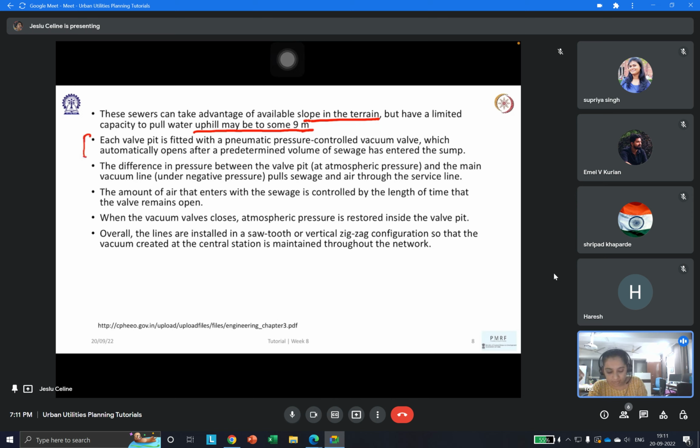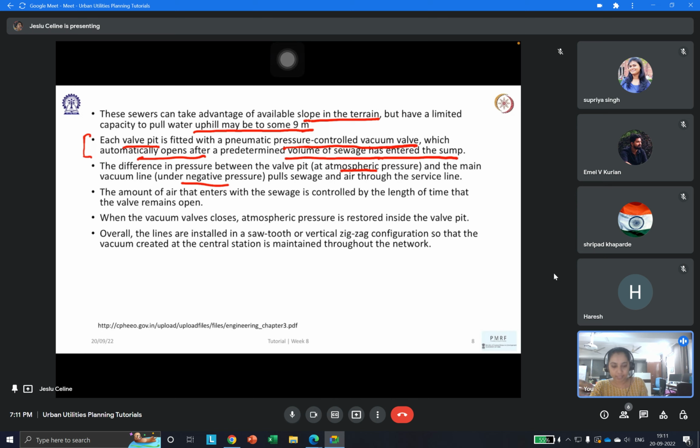So basically this is what I was explaining. Every valve pit is fitted with a pressure controlled vacuum valve, which automatically opens after a predetermined volume of sewage enters the sump. The sump is where you collect it, and then from there it goes. This is the difference in pressure: the pressure in the vacuum line or the main is much lower than the atmospheric pressure.